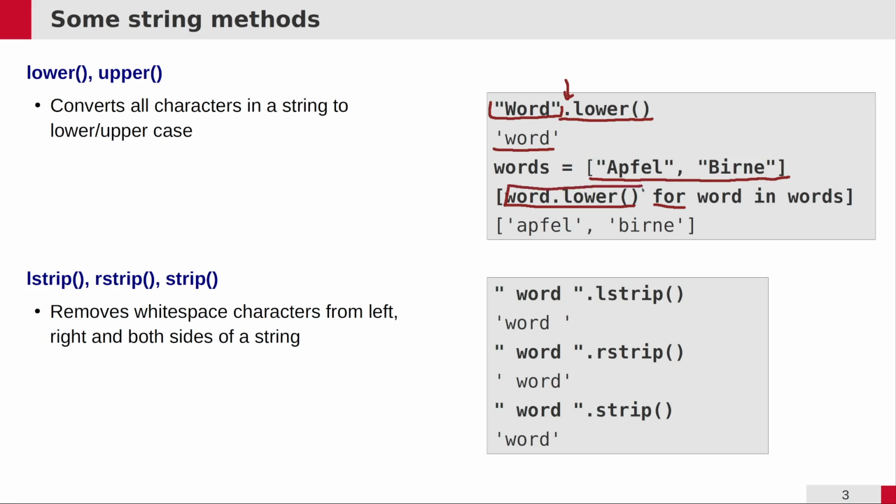We take the variable word and apply the lower method to get a new lowered string, and the variable word runs over all the entries of the list of words, which is Apfel and Birne in this case. As you see, what you get at the end is the same list of strings, but all of them converted to lowercase. Okay.